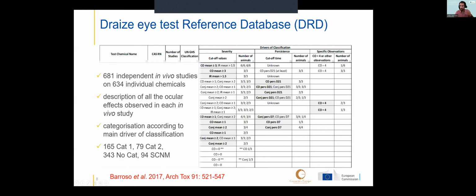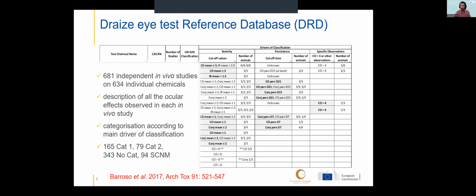So basically the DRD contains 681 independent in vivo studies on 634 individual chemicals. So you can see there are a few repeated studies that we could actually analyze. It contains a description of all the ocular effects observed in each in vivo study.